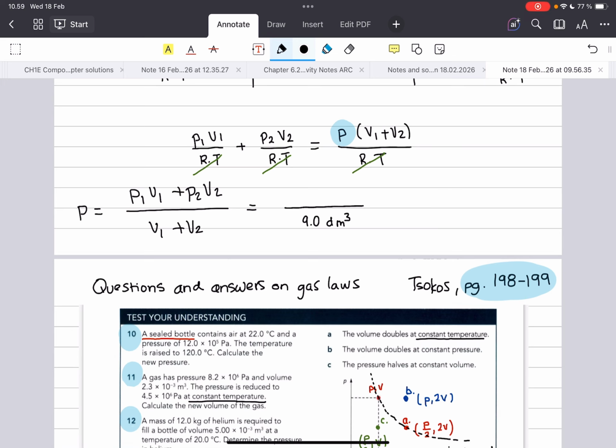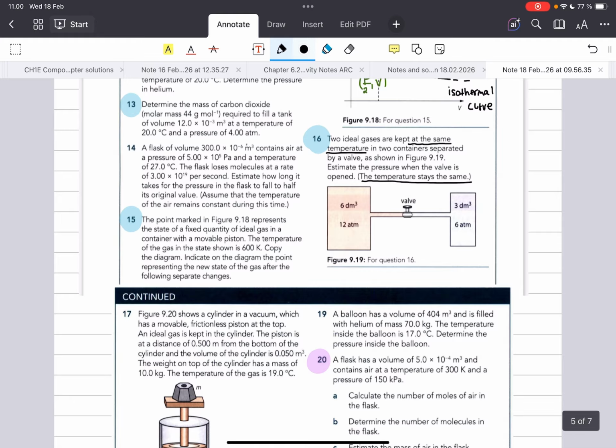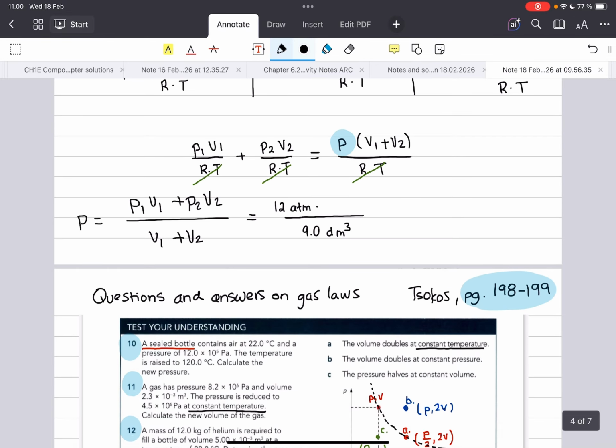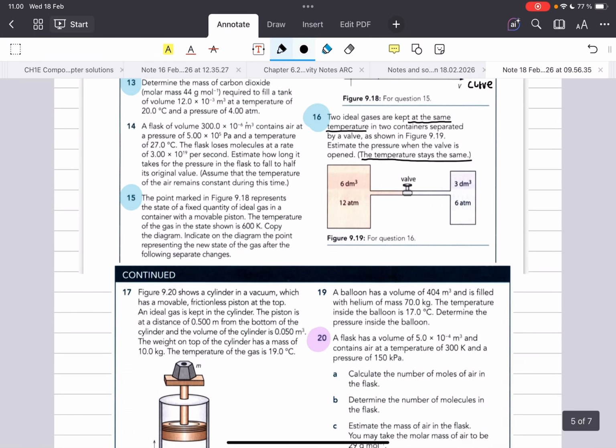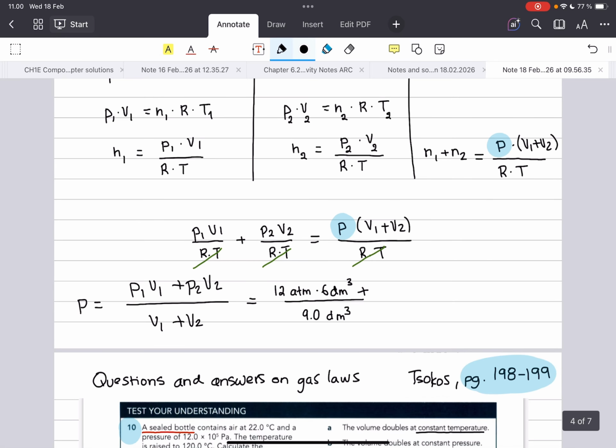And then your pressure, P1, is 12 atmospheres times the first 6 dm cubed, plus 6 atmospheres times 3 dm cubed.